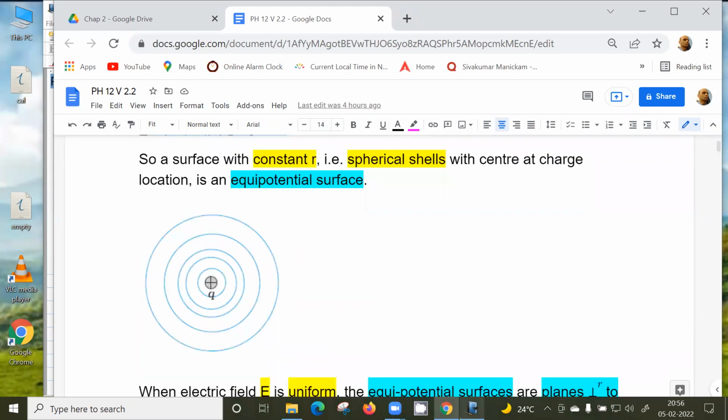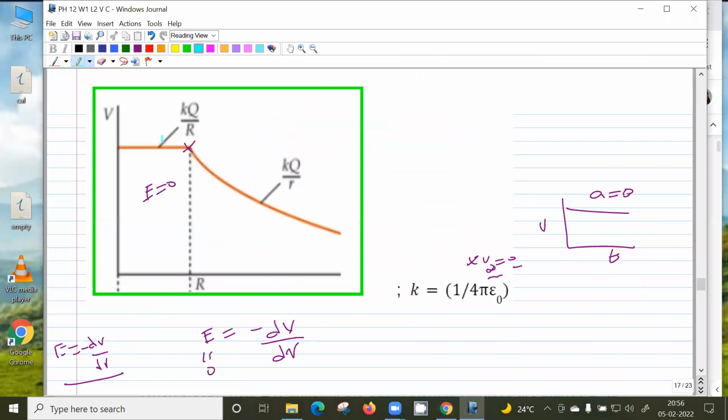Suppose I have to get a difference of 1 volt at this point and a difference of 1 volt at that point; the corresponding r variation will be large here. Is it clear?